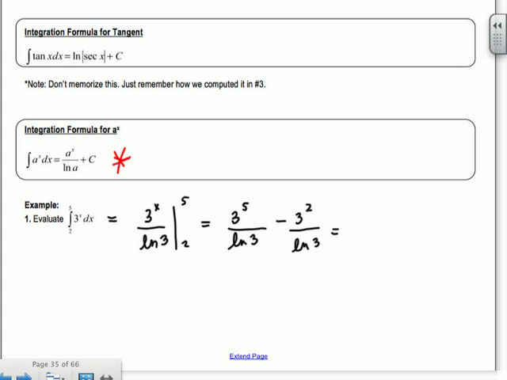These are numbers: 243 minus 9, all over natural log of 3. So it's 234 over natural log of 3. If you wanted the decimal version, it'd be 212.996. So either answer is fine.